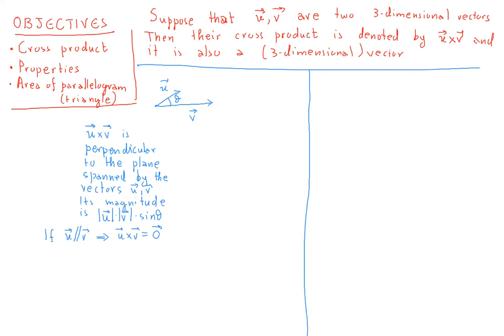The second thing that this definition leaves out is, okay, we're given that the vector is perpendicular to the plane formed by the vectors U and V. Where does it point? Because once we know what the magnitude is, we have two choices. So which of the two choices is it going to be? For this, there is a rule that one could actually describe using fingers. We're not going to actually do any of those things.